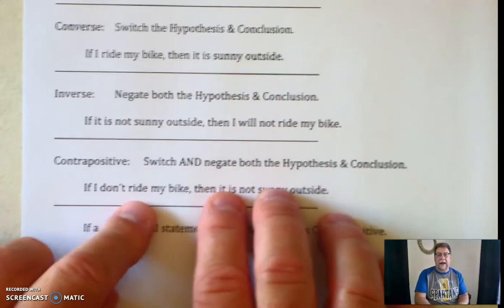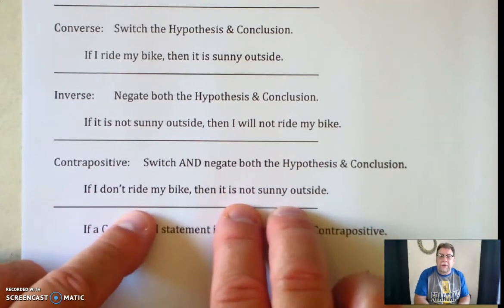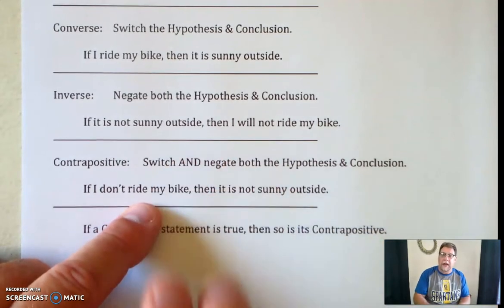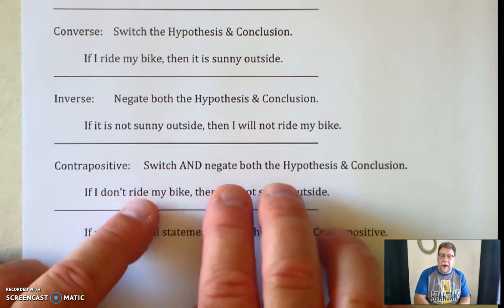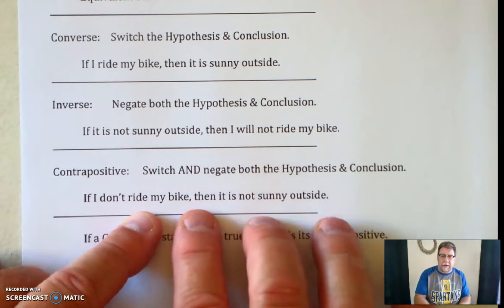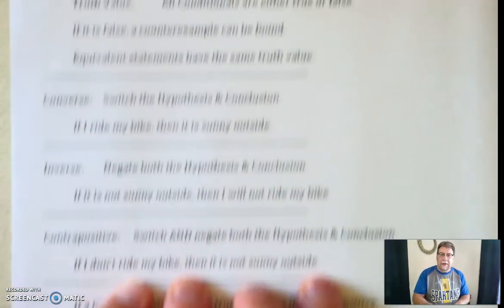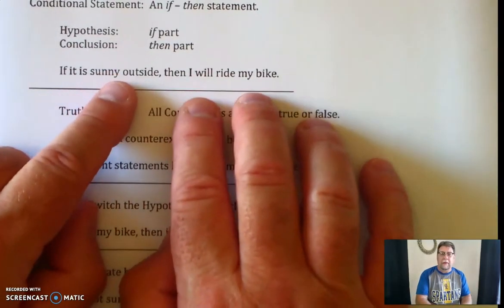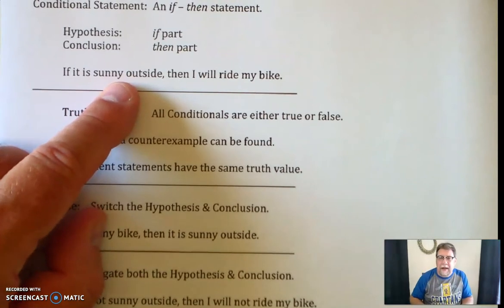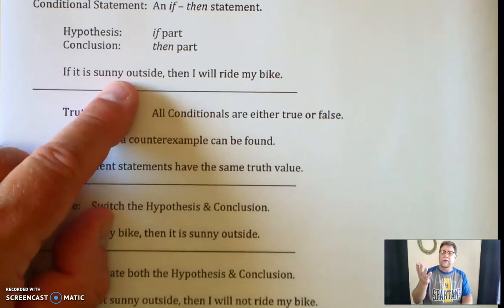If you look at that, this actually is a true statement as long as the original statement is true. So the contrapositive and the original statement are equivalent. Think about the original statement: if it's sunny, I'll ride my bike. If you don't see me ride my bike today, what conclusion can you make?